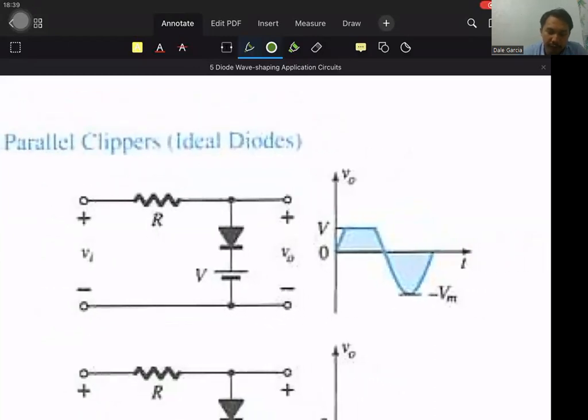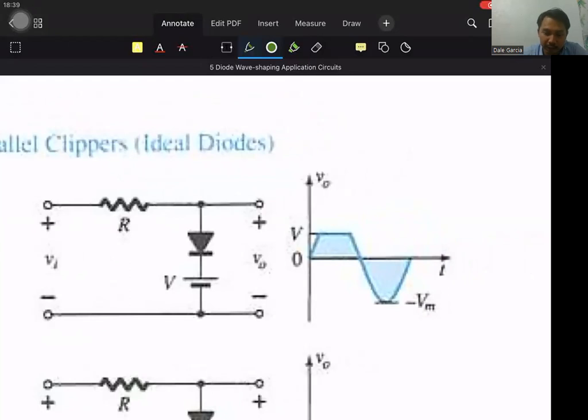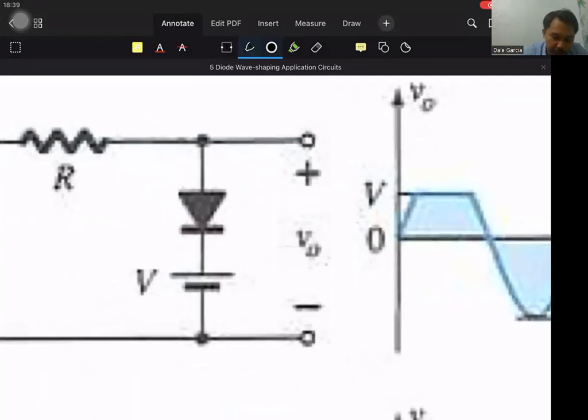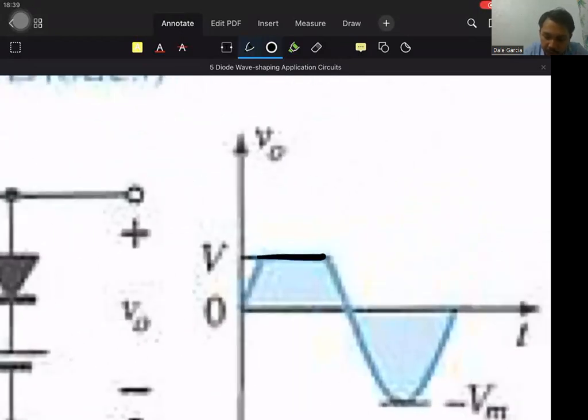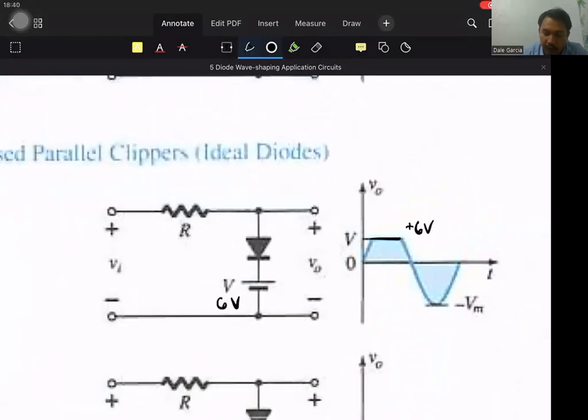So the direct answer is we'll just draw this one and add labels. Whatever the value of V is, let's say for example V is 6 volts, we label it here as 6 volts. And that's it.